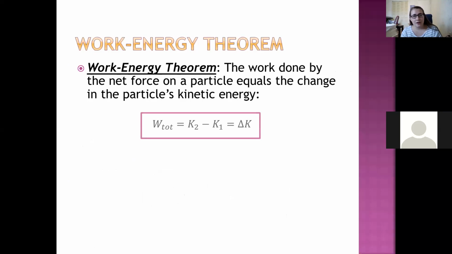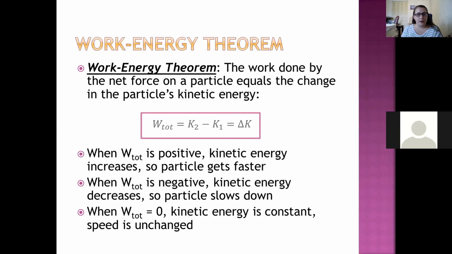The total work done on that object is equal to its change in kinetic energy. Remember that triangle symbol, delta, means the change in. So it's final kinetic energy minus initial kinetic energy, or you might see K_f minus K_i, final minus initial, or the kinetic energy at point 2 minus the kinetic energy at point 1.